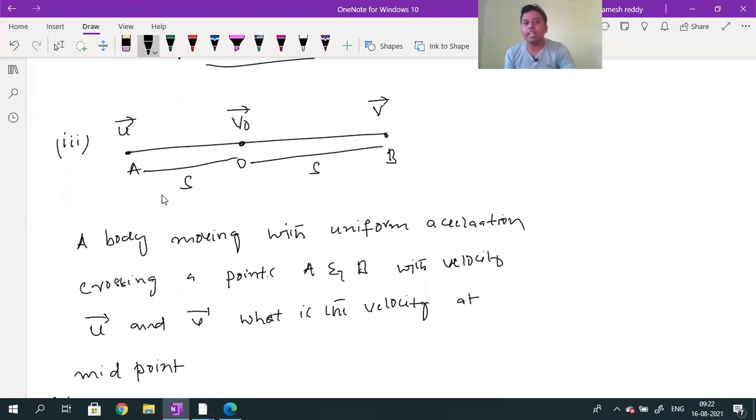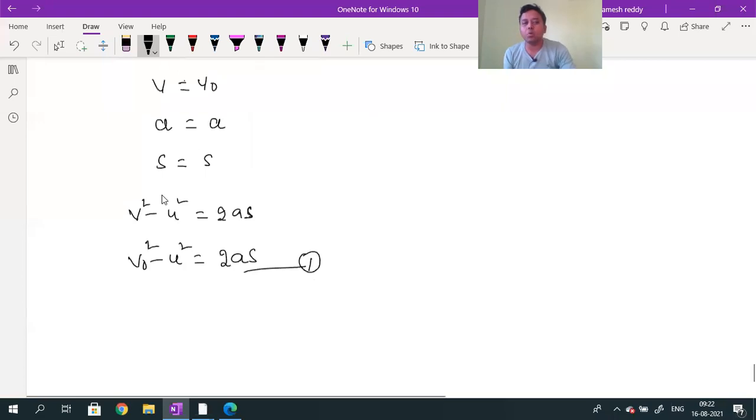For A to O, initial velocity U, final velocity V naught, distance S, acceleration A.